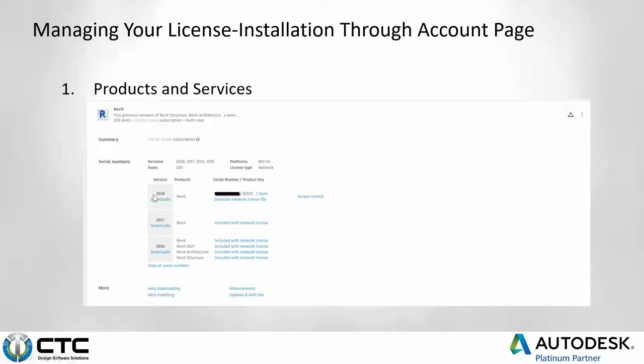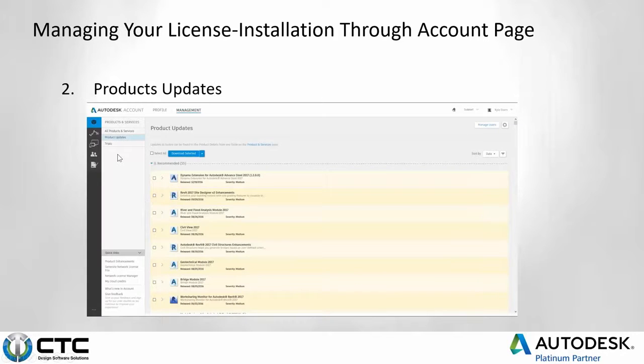So it'll show you only Revit. If you expand Revit, it will show you all the updates for each year. So if you're looking for a particular update for one of your software, you have a couple of locations to go. You can go on the products and services page, or you can go to the product updates page and be able to list them here.